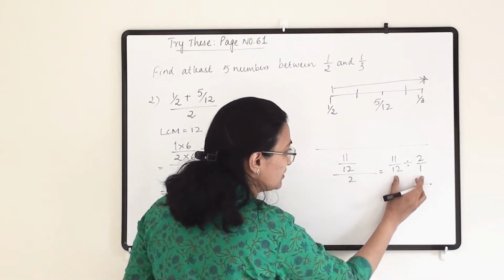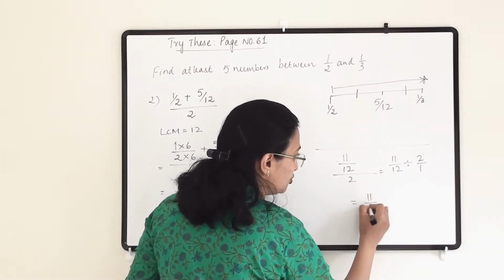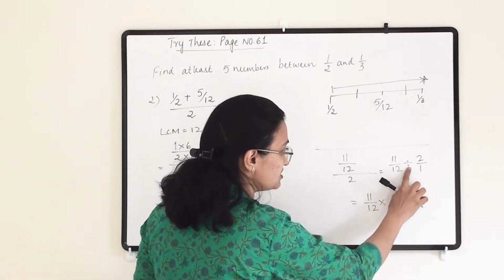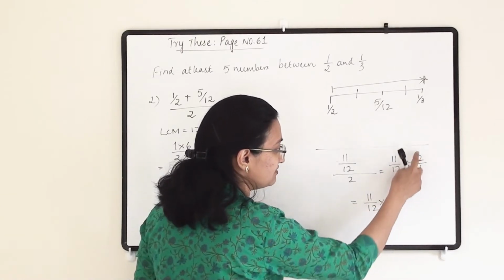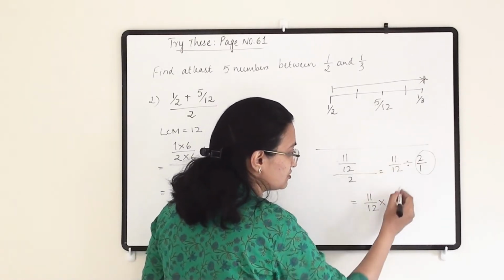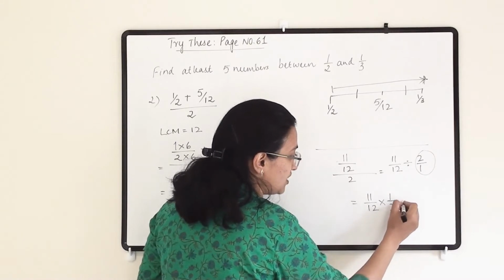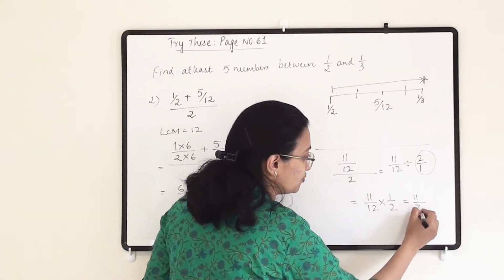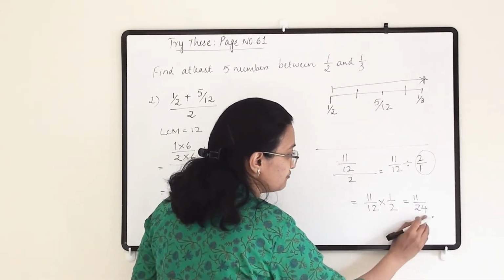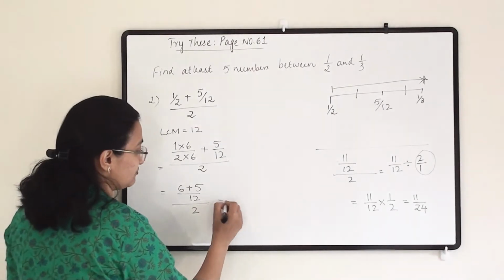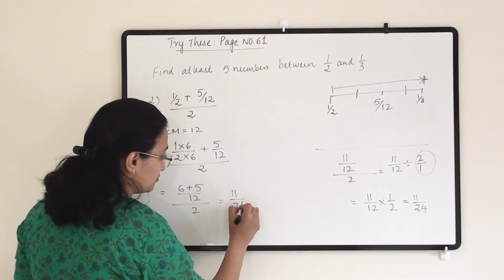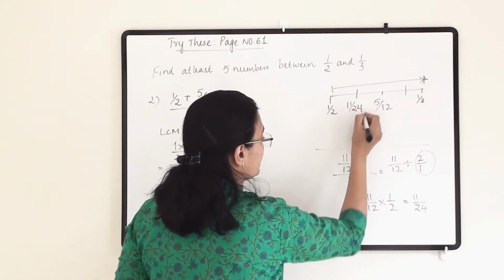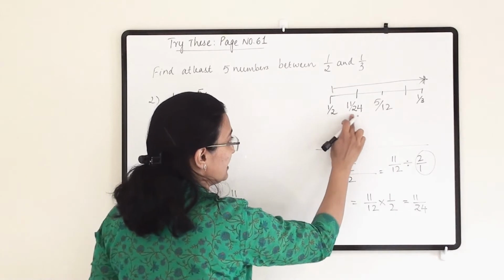So when we are solving this division, we change the division sign into multiplication and take the reciprocal of the fraction, 1 by 2. So the answer of this term is going to be 11 by 24. So we got our second number, that is 11 by 24.